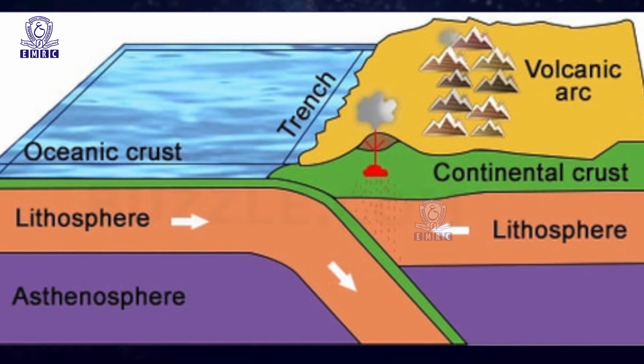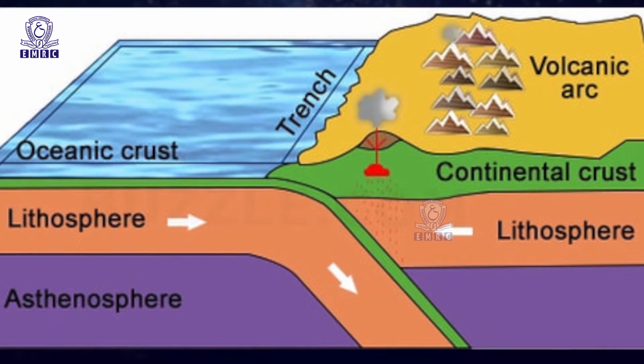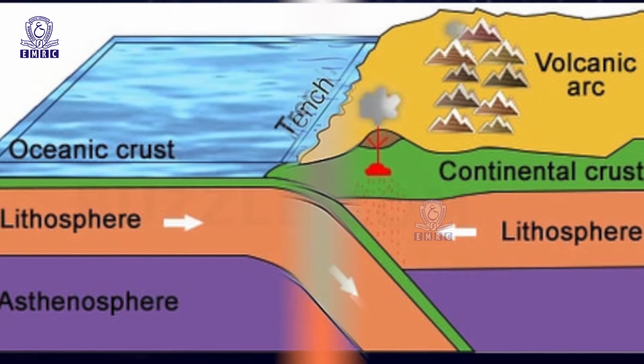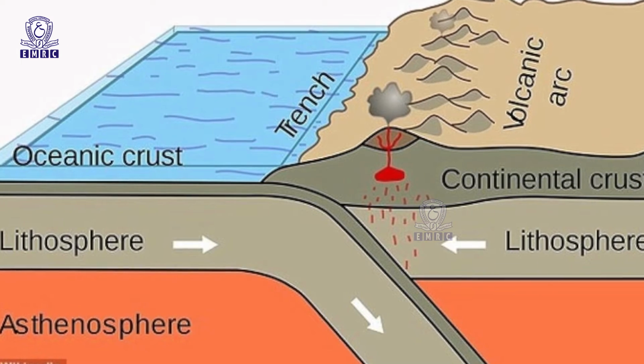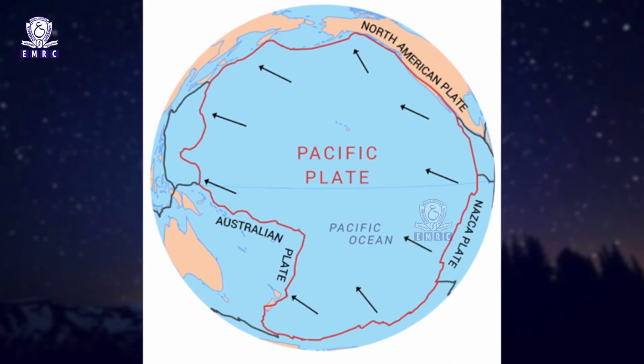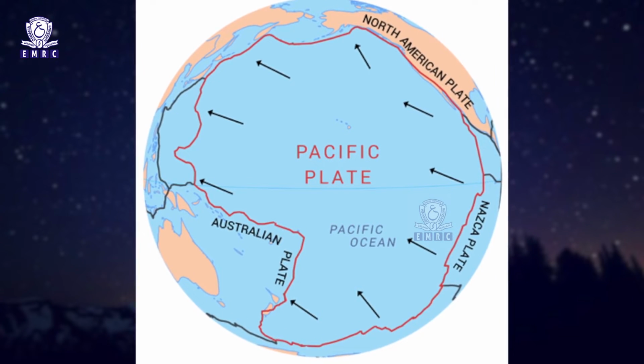A plate may be referred to as a continental plate or oceanic plate depending on which of the two occupies a larger part of the plate. The Pacific plate is mostly an oceanic plate, whereas the Eurasian plate is largely a continental plate.